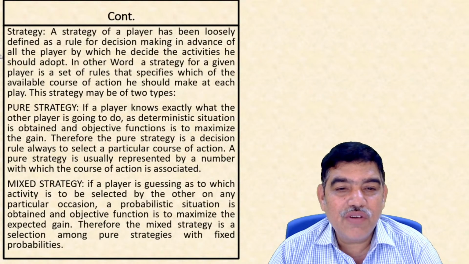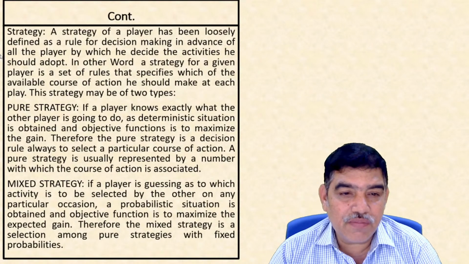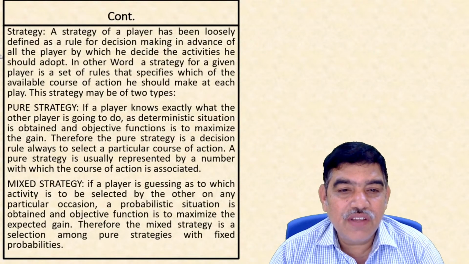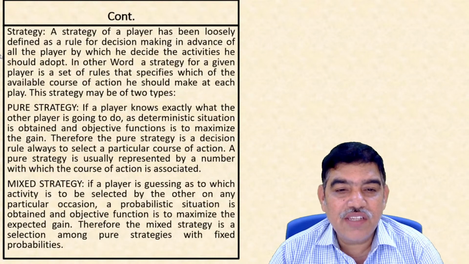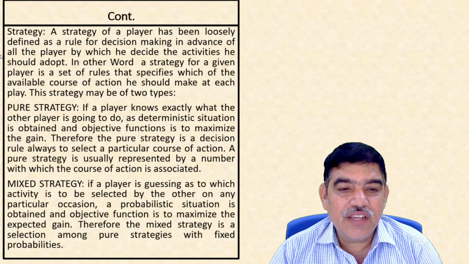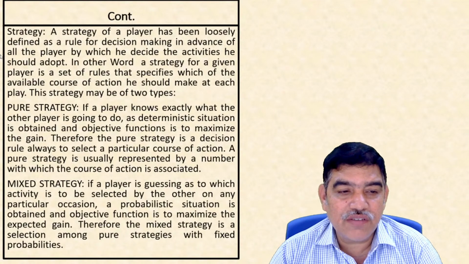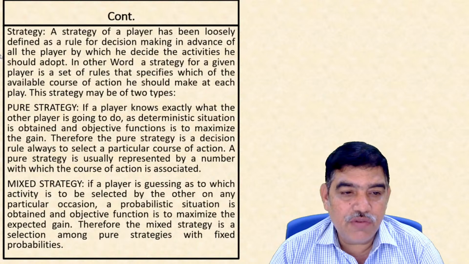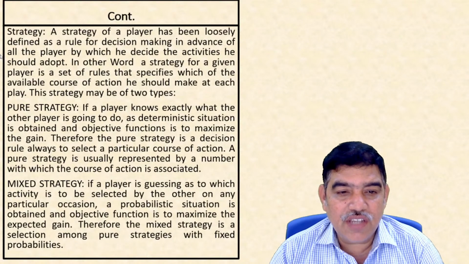Suppose one player knows what the other player is planning, then your objective is to maximize the gain. Therefore, the pure strategy is a decision rule always to select a particular course of action. A pure strategy is usually represented by a number with which the course of action is associated.